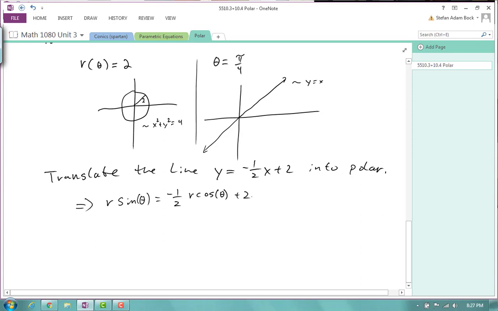Now I don't know what r and what theta are, but I also didn't know what x or what y were. So what I have now is technically a function, but I should try to solve it for r so that I have a proper function, r of theta. So let's see, I can add 1/2 r cosine theta to this side to get all the r's on one side.